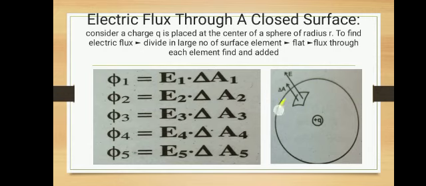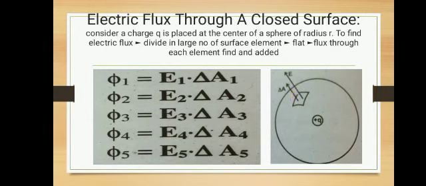To calculate electric flux through this closed surface, or any sphere enclosing a charge, consider we have taken a charge Q placed at the center of this spherical shape. It has some radius r. To find electric flux through this spherical shape, divide the complete area of the spherical surface into a large number of small patches, each patch having some area and electric field intensity.